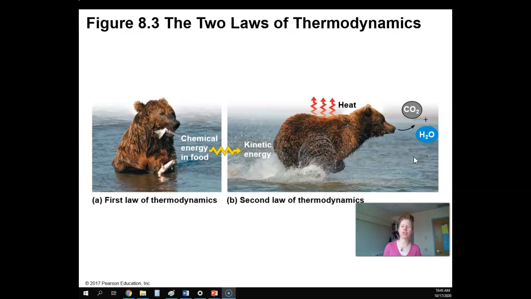So during every energy transfer, some energy is unusable, often lost as heat. We'll see that. And the second law of thermodynamics says every time you transfer energy, you lose some of it. Some of it goes towards increasing the entropy of the universe. Entropy is a fancy way to say disorder or randomness, okay? And so it's interesting.